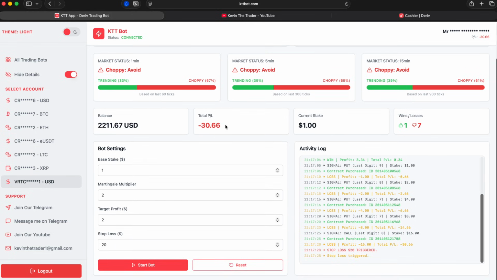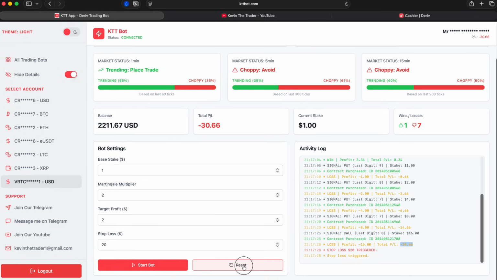As you can see now, I've lost more than 30% of that account, because when I lose like $8, according to martingale, it will multiply 8 by 2, and then it will stake $16. When I lose that $16, that's what got me up to this point.